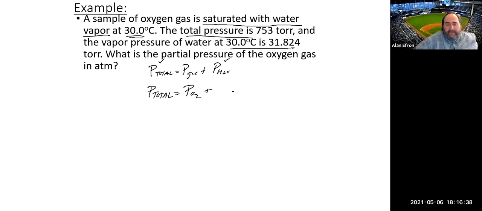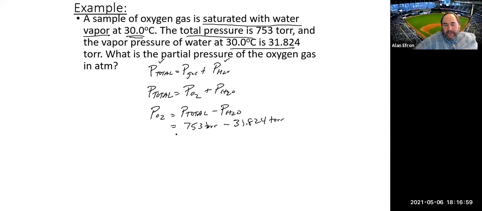Doing a little rearranging gets us the partial pressure of oxygen is the total pressure minus the vapor pressure of water. Putting our numbers in gets us 753 torr minus the vapor pressure of water, which if it was not given to you, you would find in a book or a table. And that looks like perhaps 721 torr.